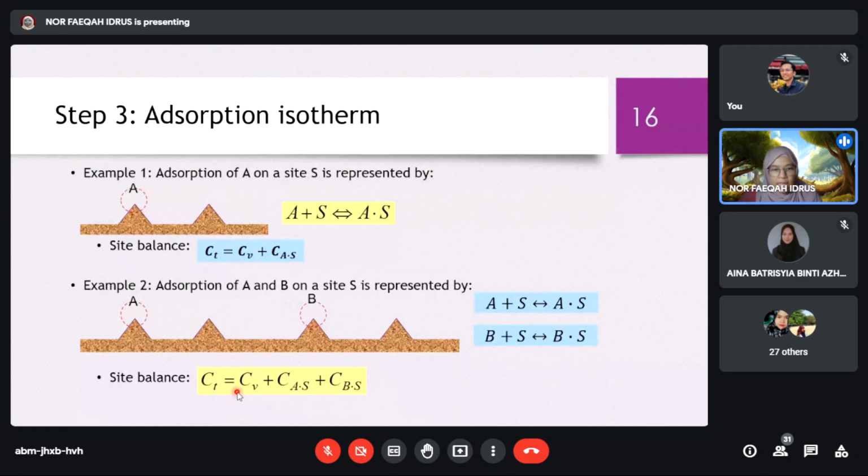And then next we need to write the site balance.